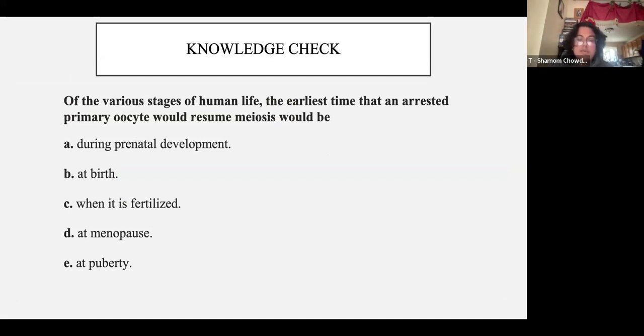So when would meiosis occur during oogenesis? That's basically what the question's trying to ask. If you guys would like to respond in chat, when do you think meiosis would occur?